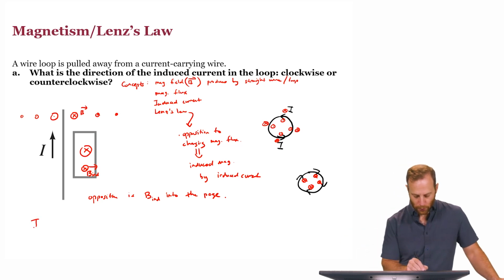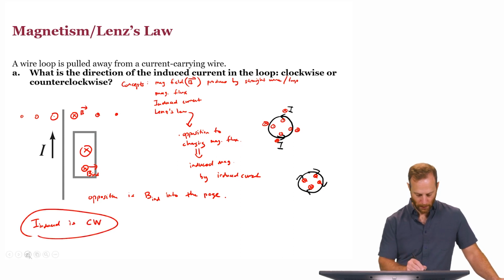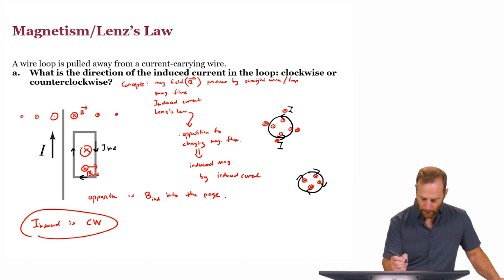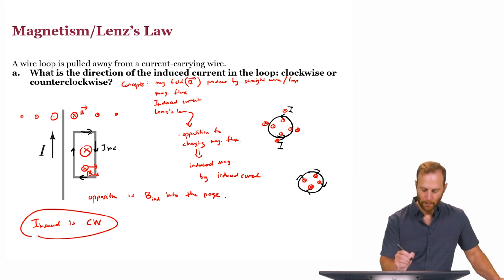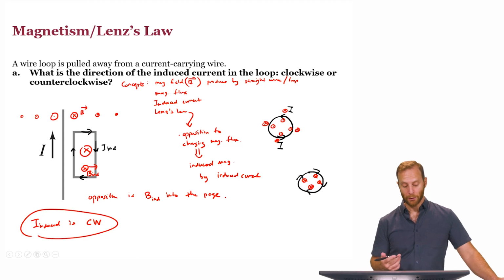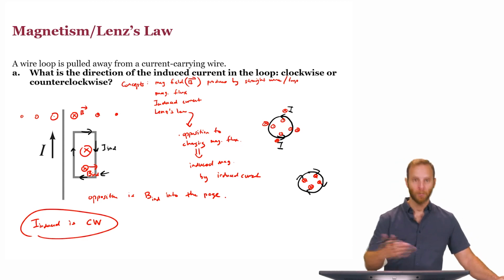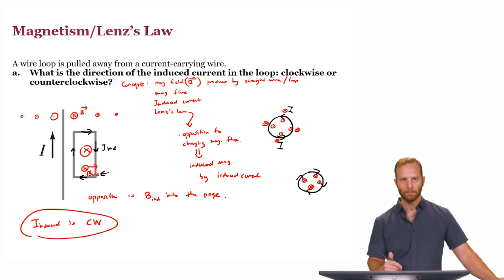The direction of the induced current, I induced, is clockwise, CW. And so let me draw it like this. There should be an induced current that goes around the loop in this way, because that current would give rise to the induced magnetic field that is created in response to the changing magnetic flux.